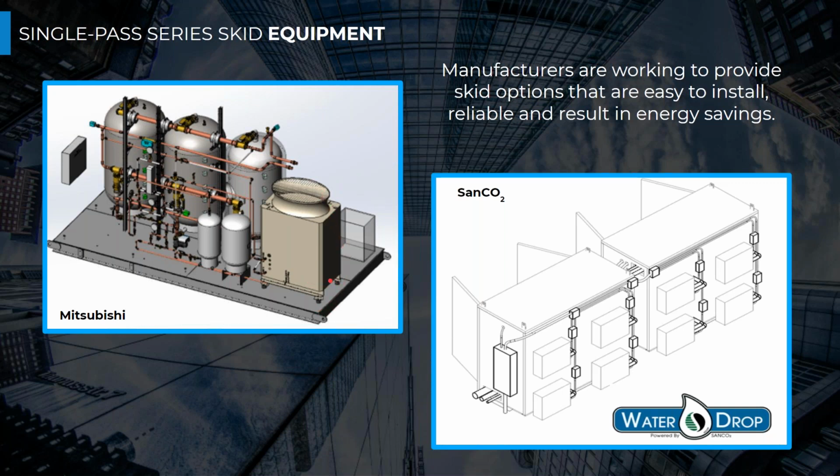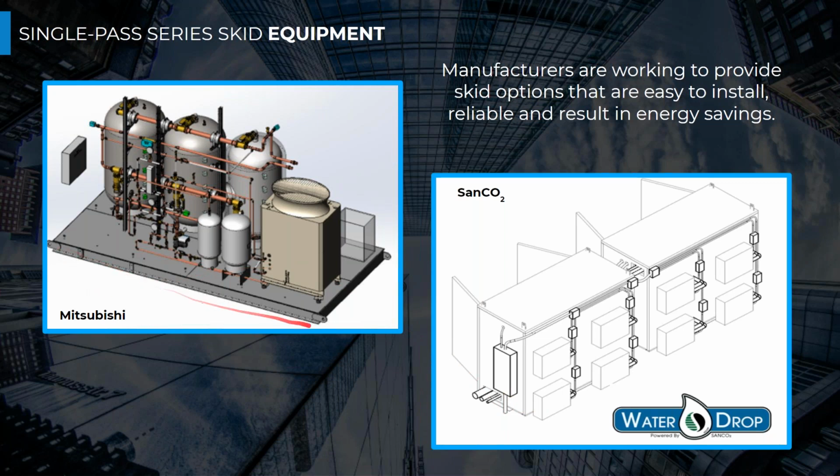And so they are now designing these skid or packaged systems to take the burden off the designer's plate and really create a robust, reliable system that can be implemented and is really a plug and play application where you're just connecting 3 water pipes and probably electrical and maybe control wiring.